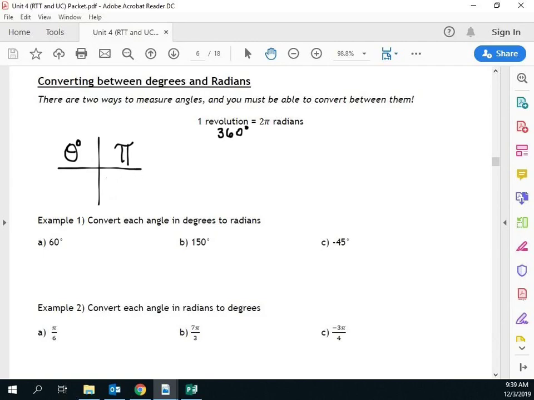The revolutions threw me off. I'm sorry, it should be 180 degrees. If one revolution around is 2 pi, which is 360 degrees, what do you think halfway through is? What's halfway through a circle? 180. So we'll say 180 degrees is equal to pi radians.